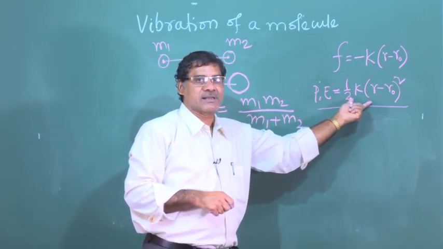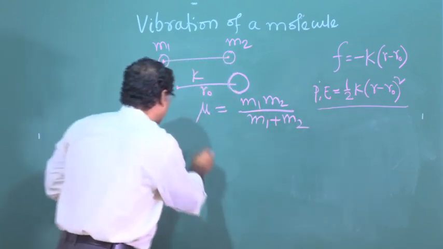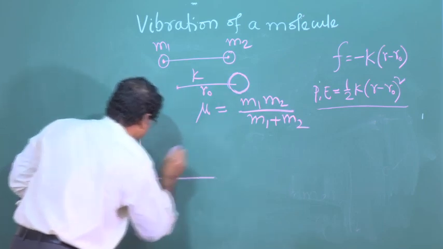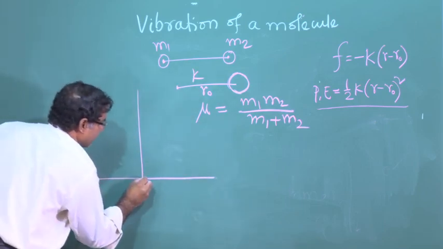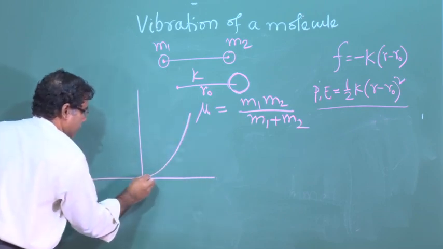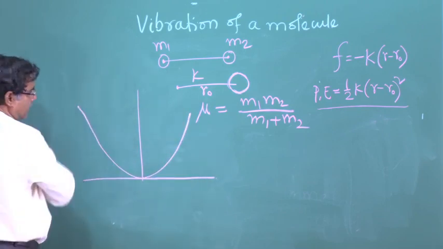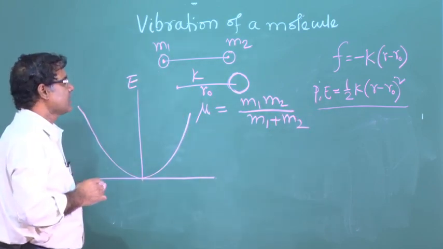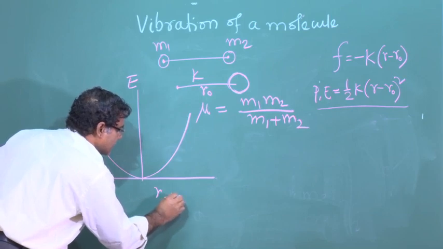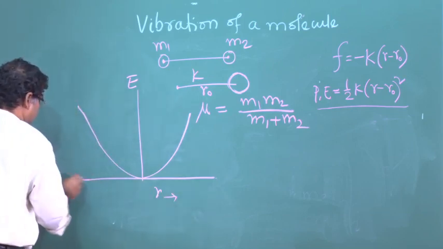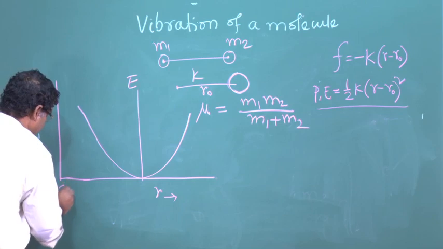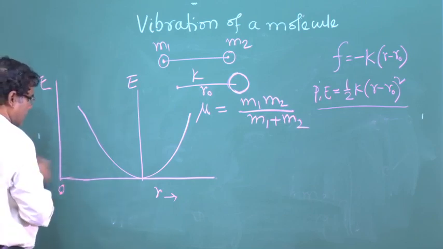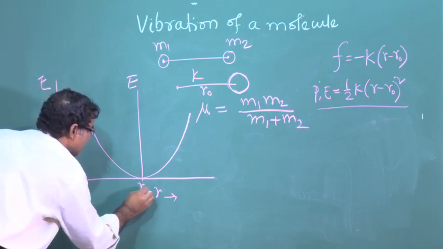This will be the potential energy, and if you plot it, it will be like this. This is the energy and this is the distance r, and this position is r0.